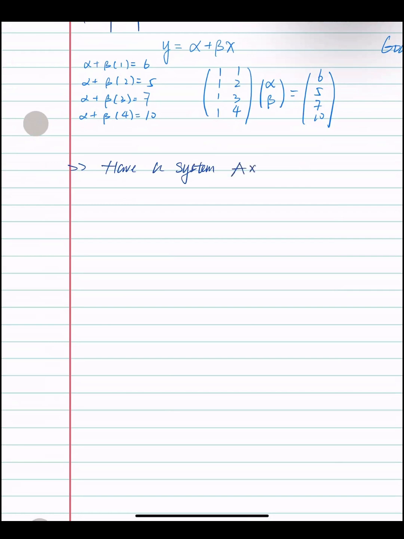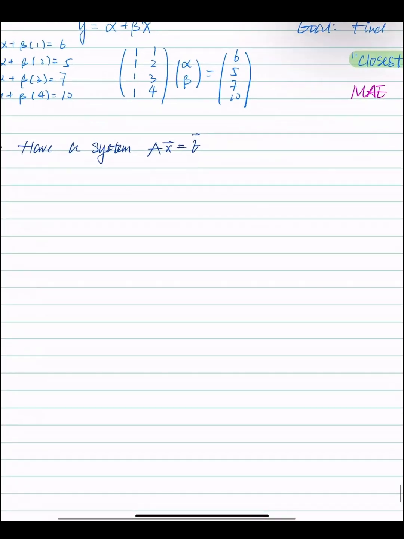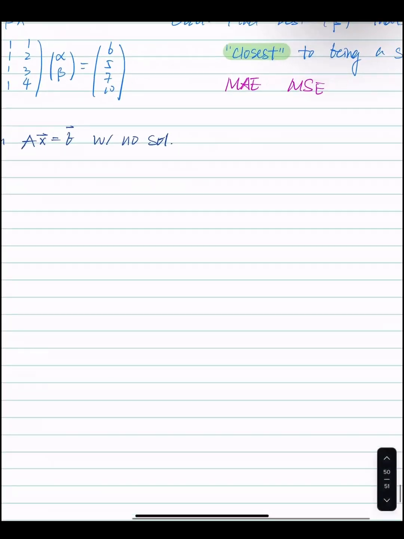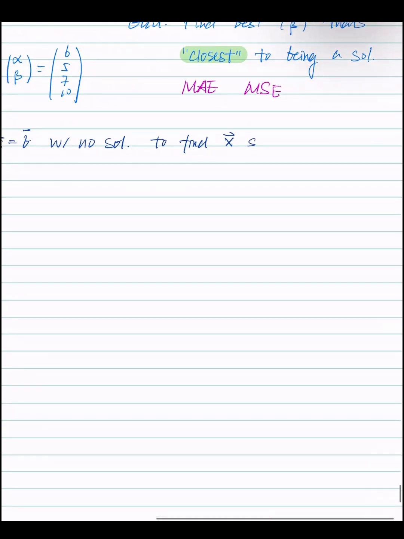Matrix A multiplied by x equals b, although this x is the alpha and beta here. And now we want to find the x that's closest to being a solution.